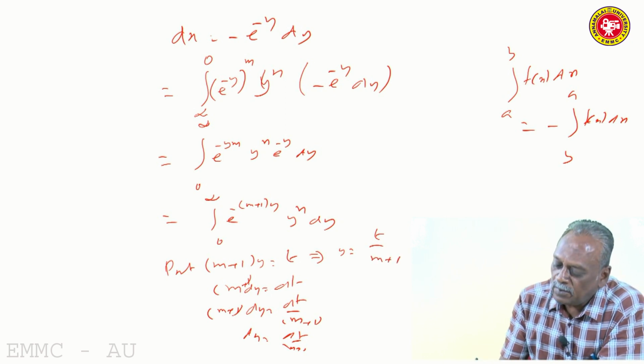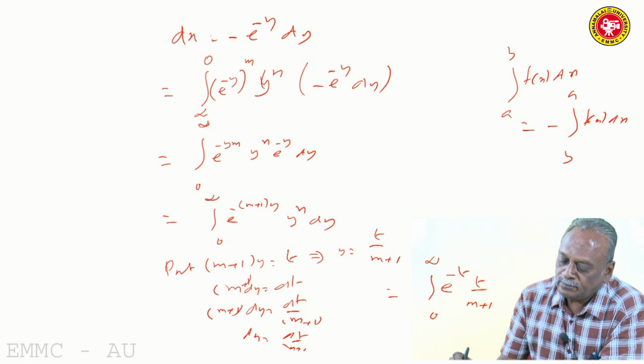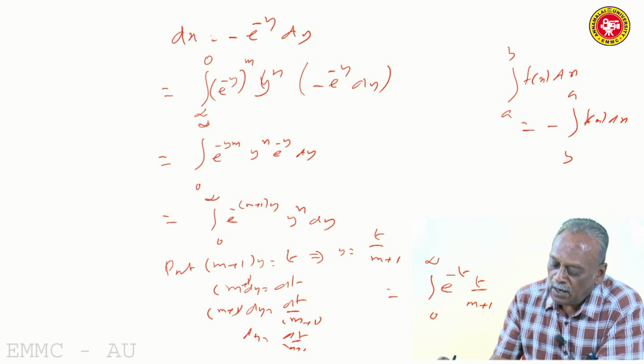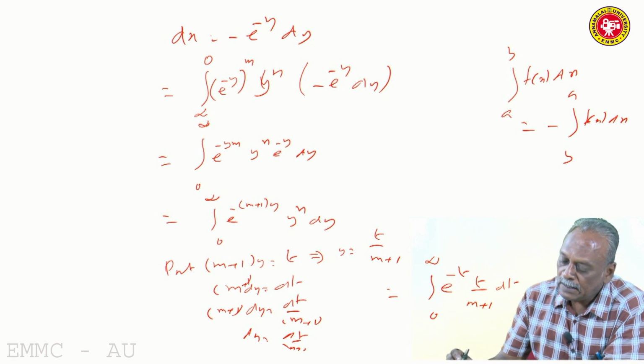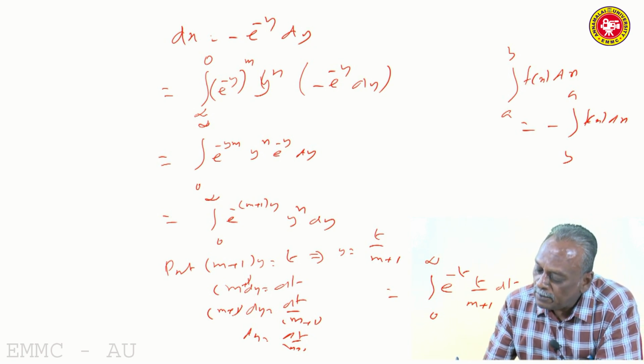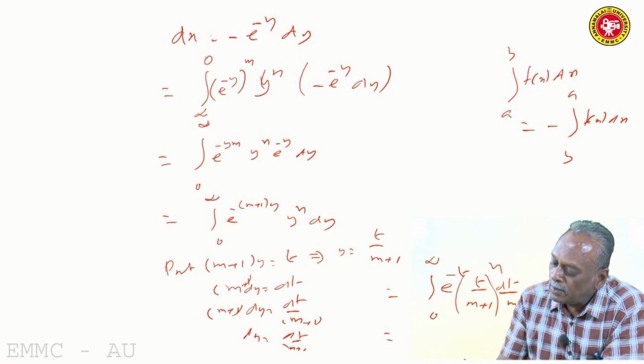So this integral becomes integral 0 to infinity e power minus t, with y becoming t by m plus 1 and dy becoming dt by m plus 1. Y power n becomes t power n by m plus 1 whole power n.